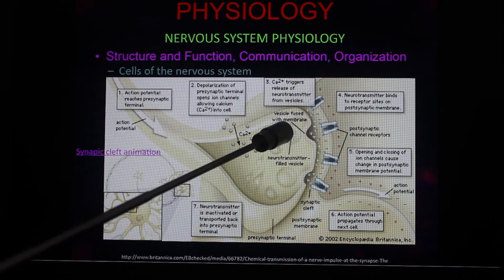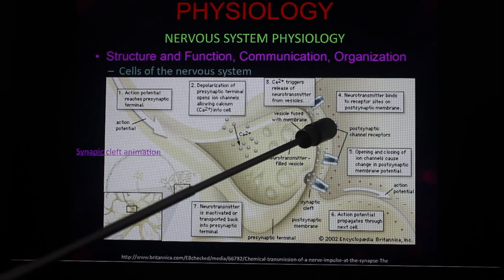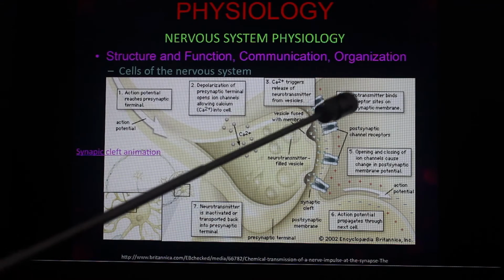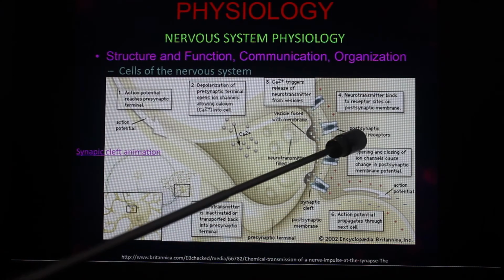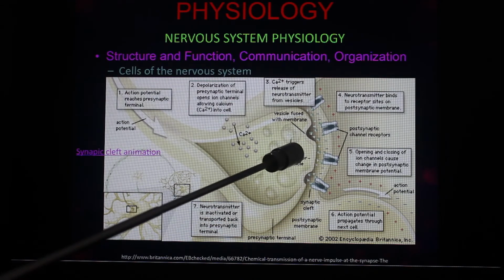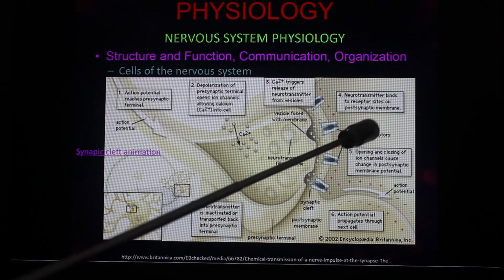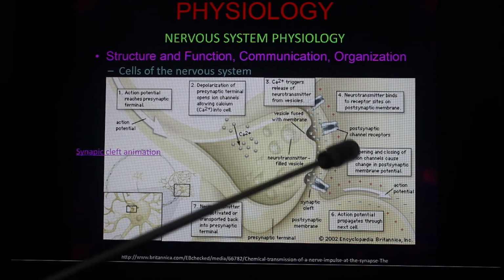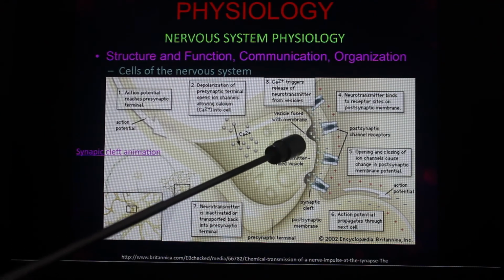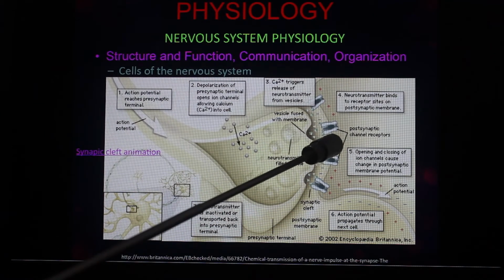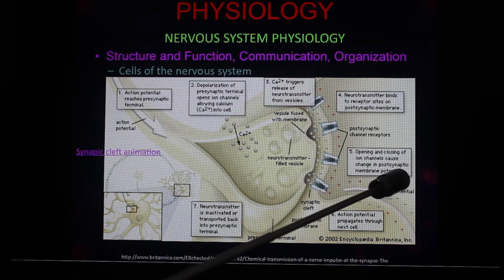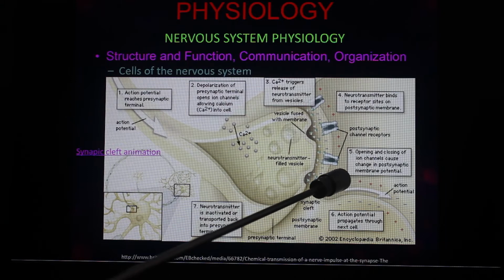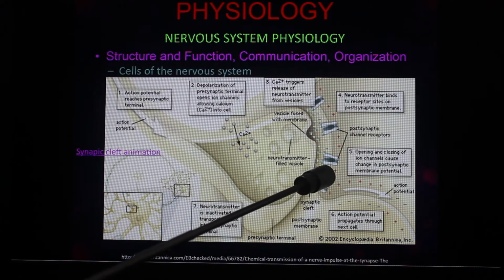And as these neurotransmitters are discharged into the synapse between the two axons, the dendrite and the terminal axon, the postsynaptic channels receive these neurotransmitters, and the opening and closing of ion channels cause a change in postsynaptic membrane potential.